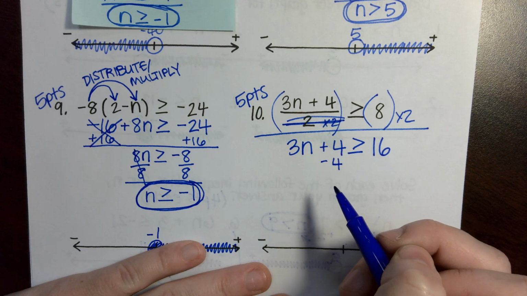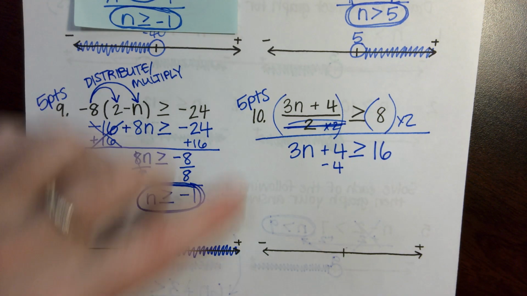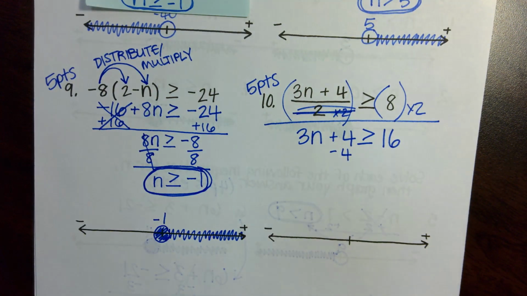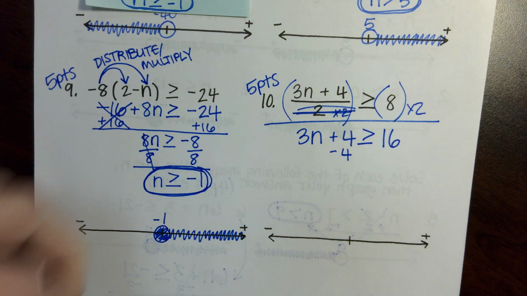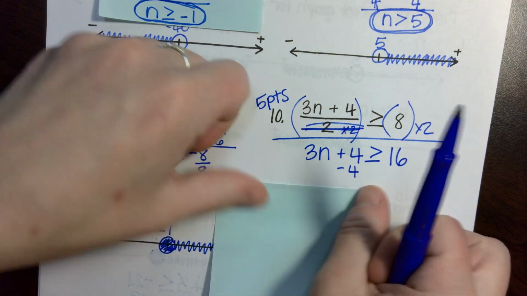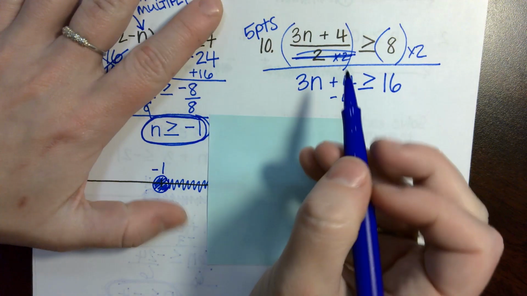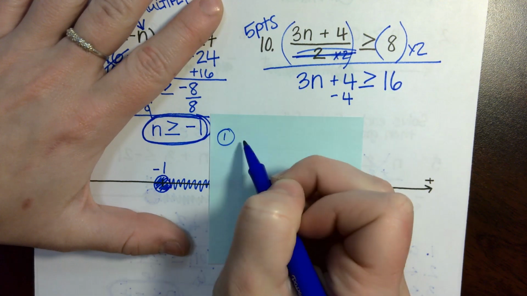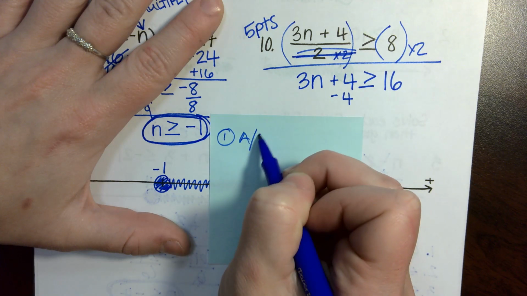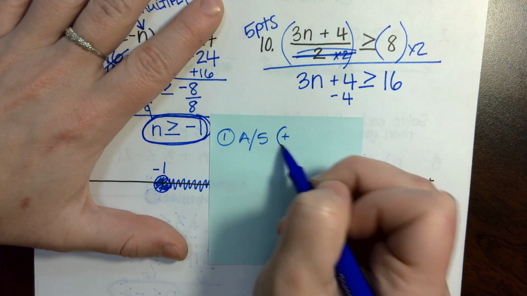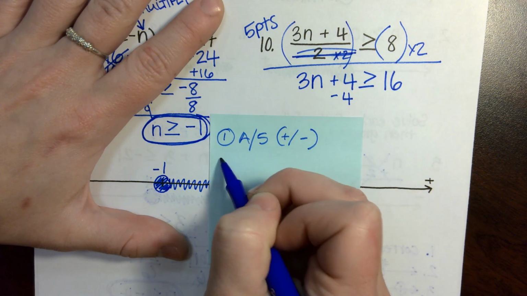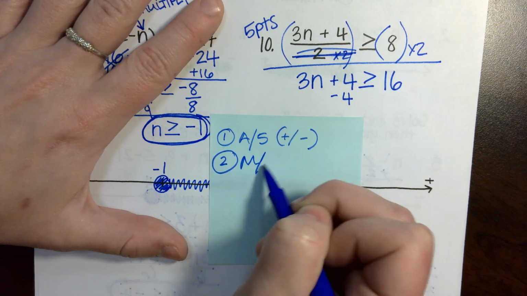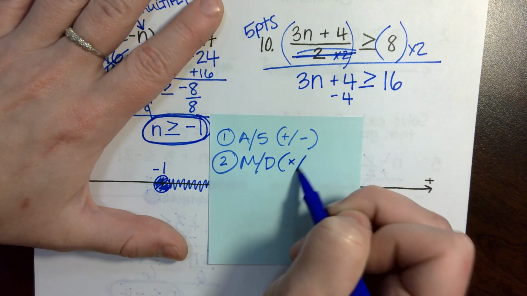Oh, I heard like 3 wrong answers. Okay, let's talk. When we solve equations or inequalities, this is last unit stuff, guys. We do addition and subtraction first, and then we do the multiplication and division.